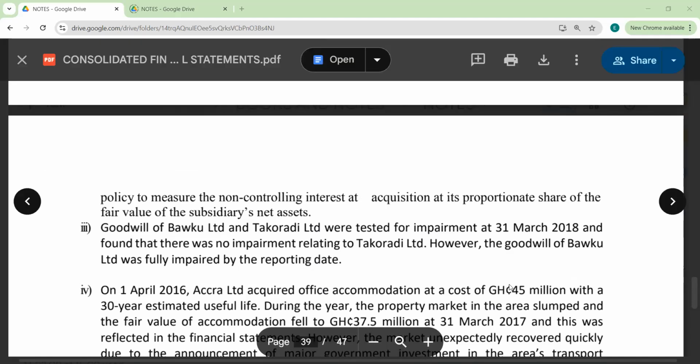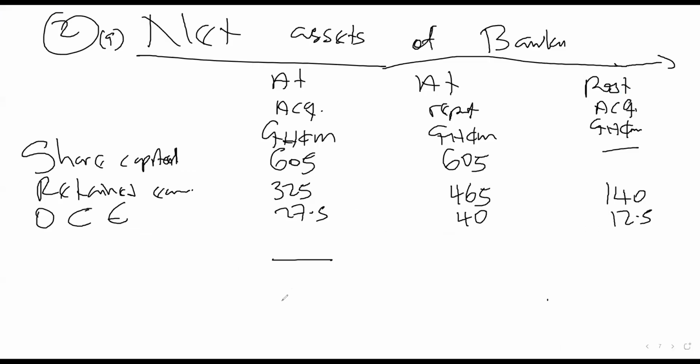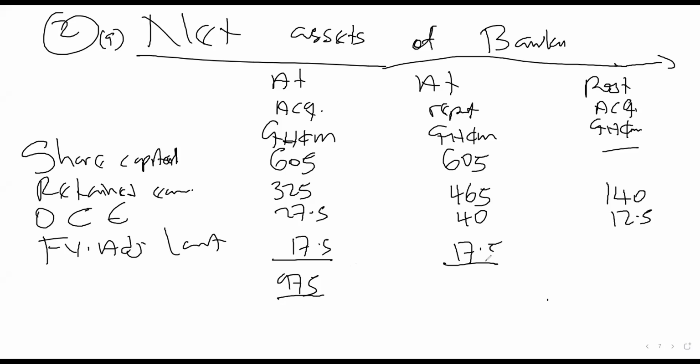So what's the answer? The total 975. So what will be the fair value adjustment? 17.5. Oh, okay. Repeat them. Nothing was said again. Repeat them.